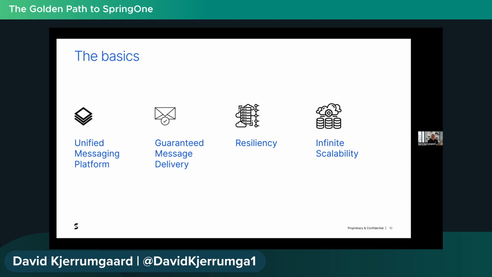So again, it's a unified messaging platform, guaranteed message delivery. We don't lose any messages whatsoever. We can scale our storage infinitely. We're built for cloud-native resiliency. So again, the broker and the storage and the serving layer are completely separate. So if one individual broker or set of brokers dies, you don't lose the associated data that's stored with it, it all just takes over automatically and can immediately spin back up as well.